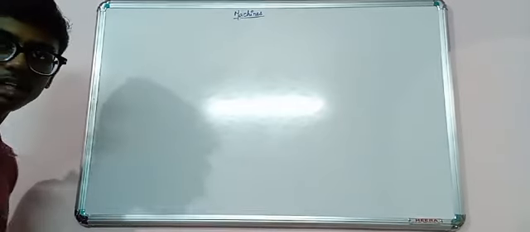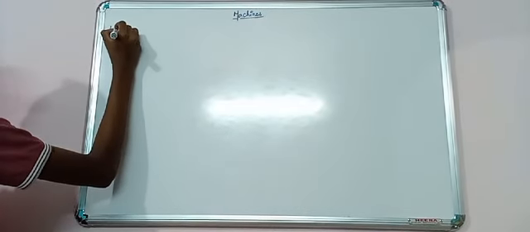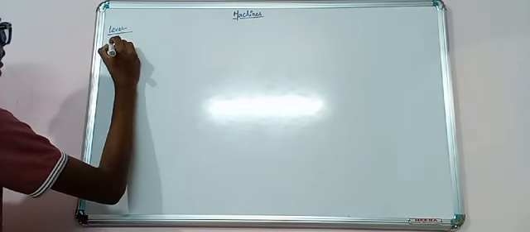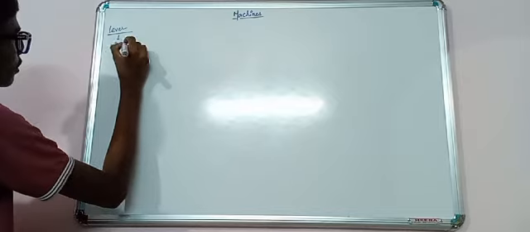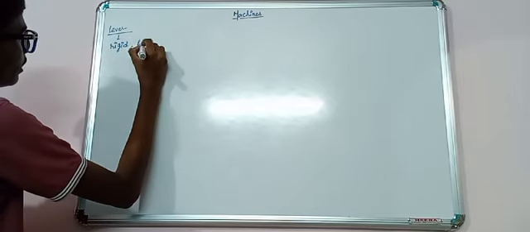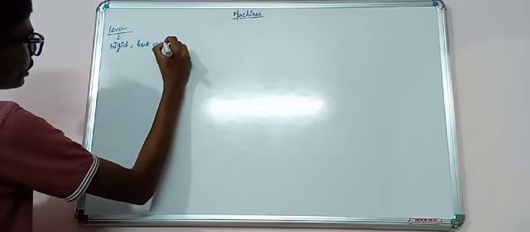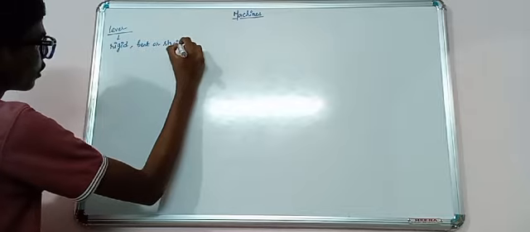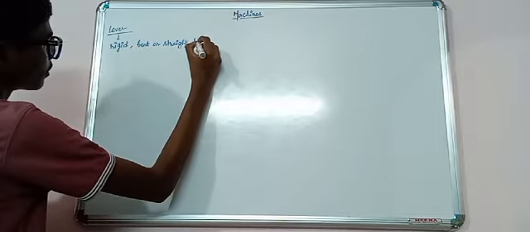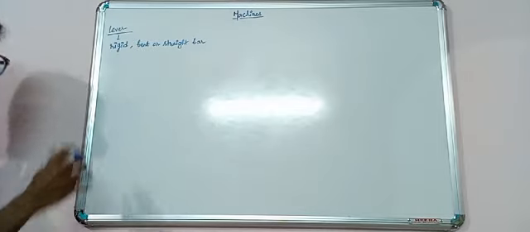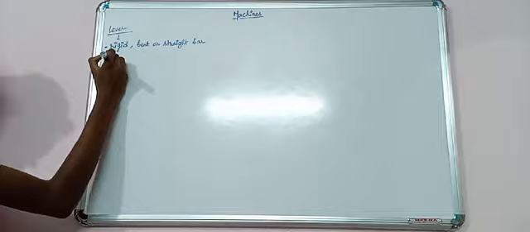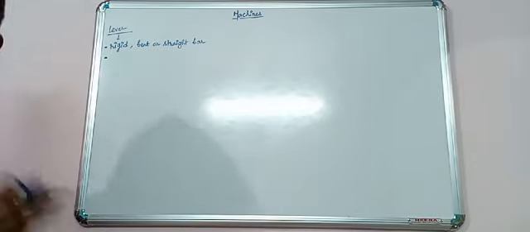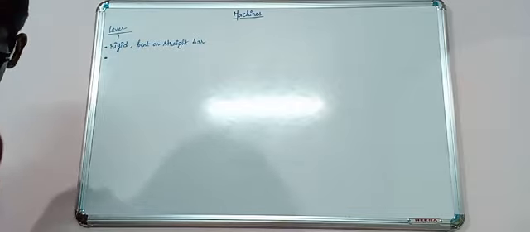So if I talk about lever, it is a rigid, bent or straight bar, capable of turning about a fixed point. Whatever is given in the definition, I'm just writing in point format.